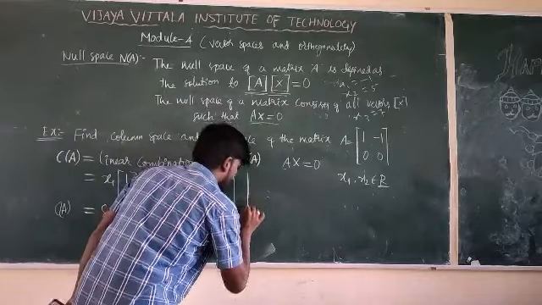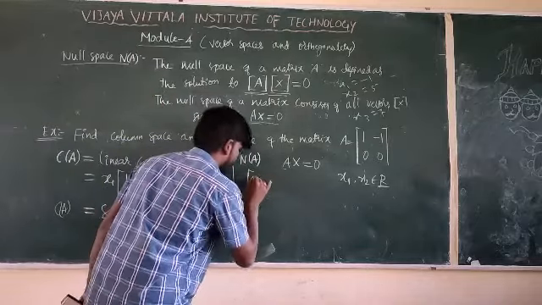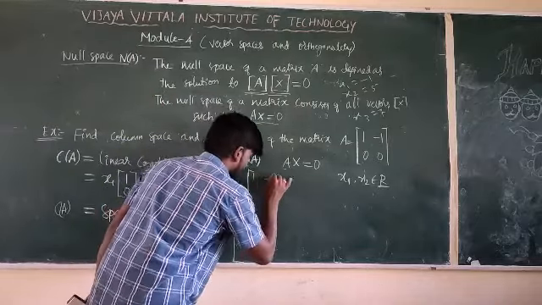Therefore A is the given matrix 1, minus 1, 0, 0 and X is x1, x2, which is equal to 0. Multiply these two matrices, we get x1 minus x2 equals 0.